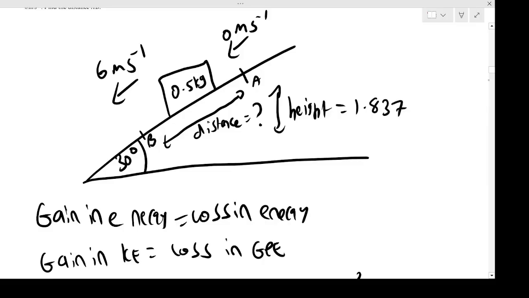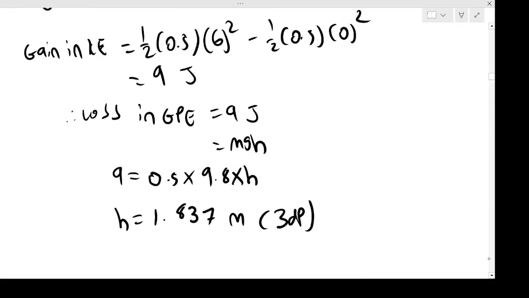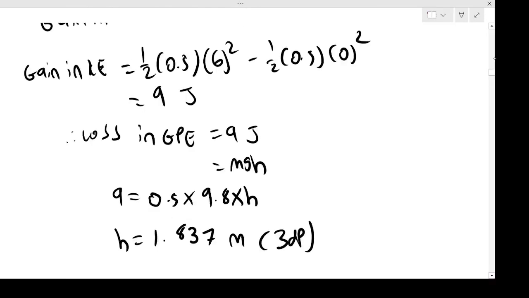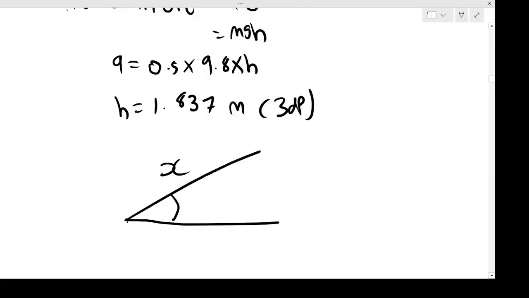But they've not asked me for the height. They've asked me for the actual distance down the slope. So again, I'm going to use that triangle I used before. If I call the distance x, that's the distance physically moved down the slope, angled at 30 degrees. This time I know my height is 1.837.